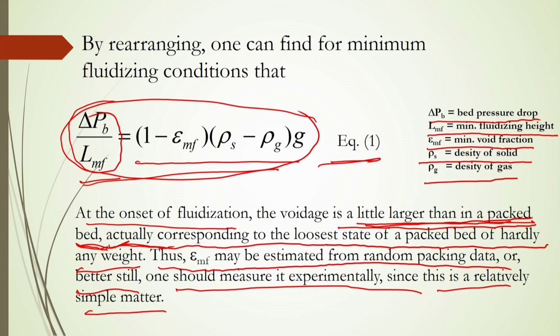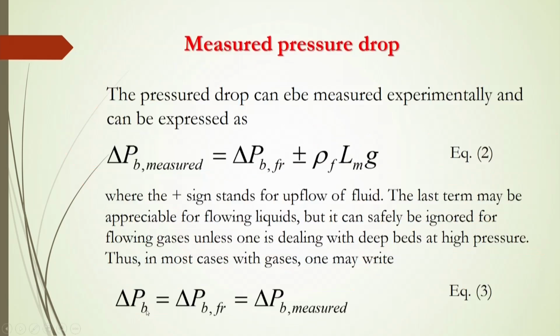There will be hardly an error for this if you take the packed bed voidage, but still for an accurate result you can of course measure the voidage at this minimum fluidization condition.